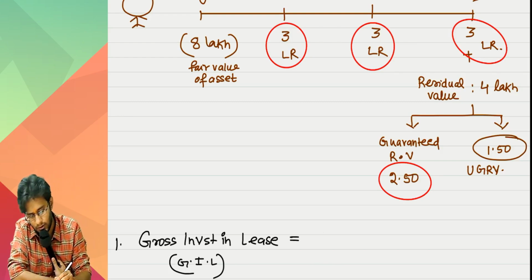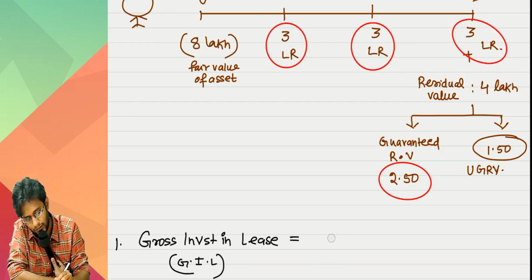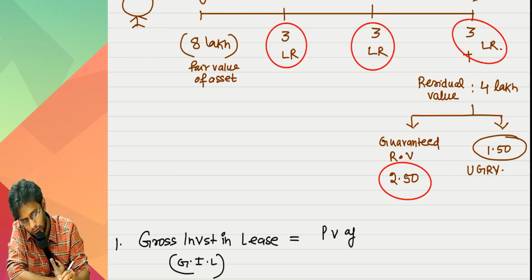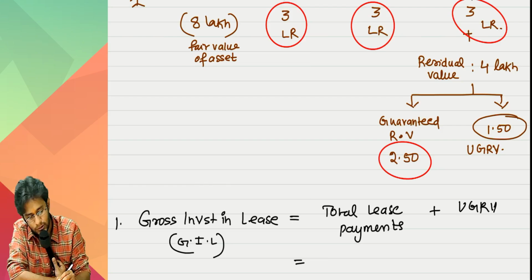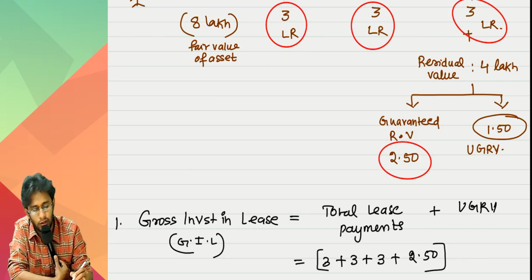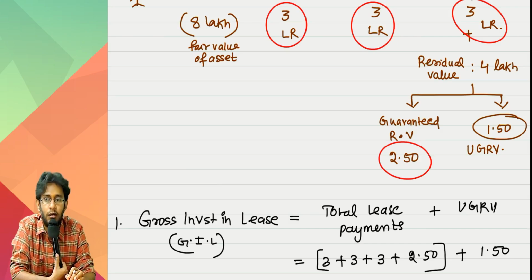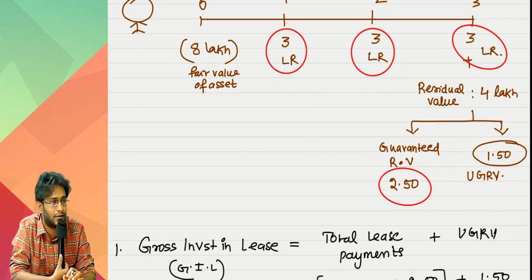Formula-wise, it is total lease payments plus UGRV. Total lease payments: who are all covered? 3 plus 3 plus 3 plus 2.5, up to here is total lease payments. UGRV is 1.5. Literally put, every inflow from the asset must be considered.